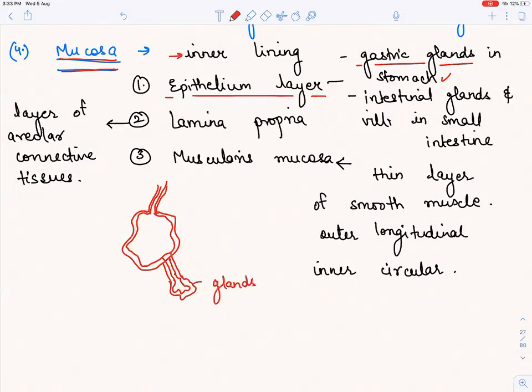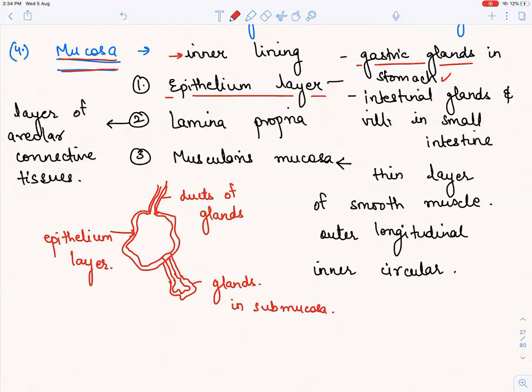And how are these glands forming? These are the ducts of the glands. And this is the epithelium layer that is getting modified for the formation of glands. And these are the glands in submucosa. And what is submucosa? Submucosa is an areolar connective tissue, right? That is binding mucosa and muscularis.